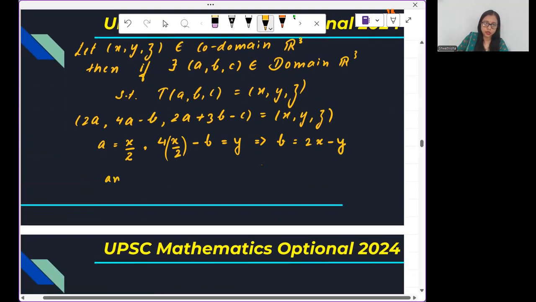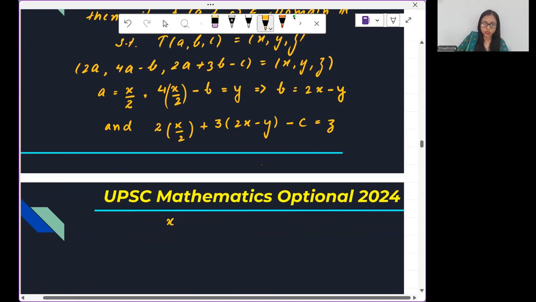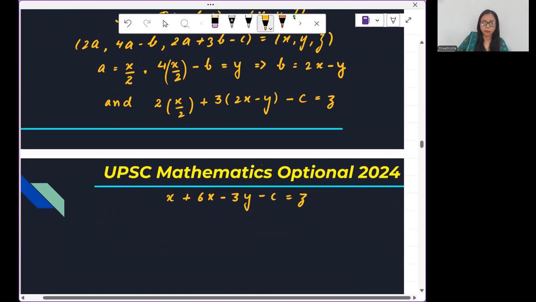And 2 times x by 2 plus 3 times 2x minus y minus c is equals to z. Find out c from here. x plus 6x minus 3y minus c is equals to z.